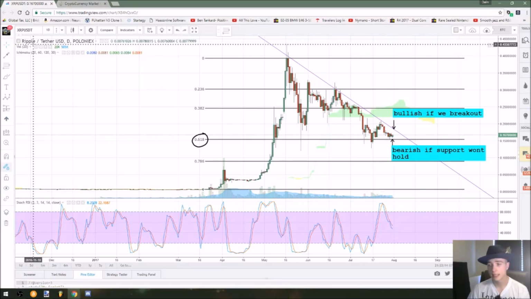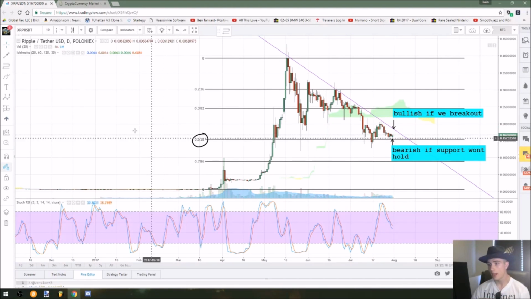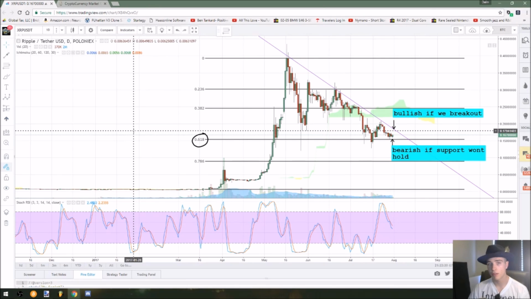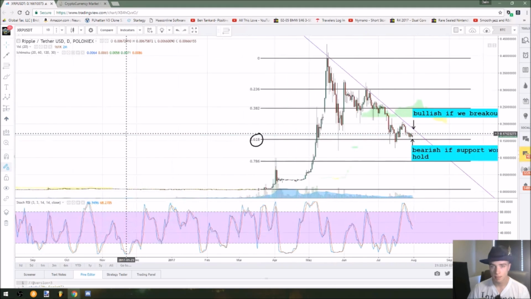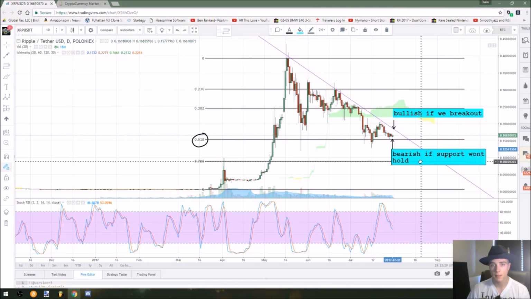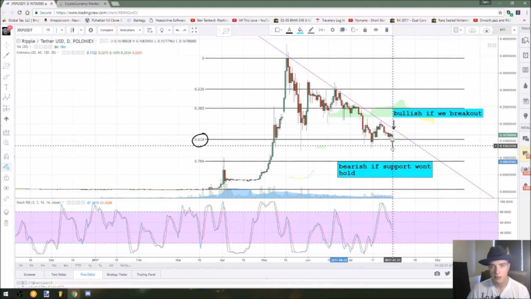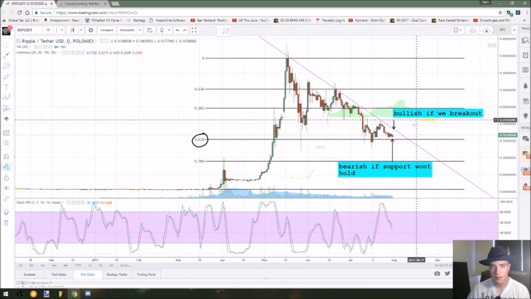And with this one, you can look at it against the tether, and you can look at it against the major volume market, which is Poloniex. Volume's important. If you have more volume in your chart, then there's a higher accuracy. So yeah, that's kind of my determination on XRP here. Let me see if I can make this a little bit more clear so that, yeah, there we go. That's a little bit more clear for you guys.